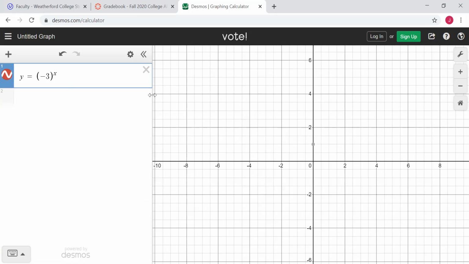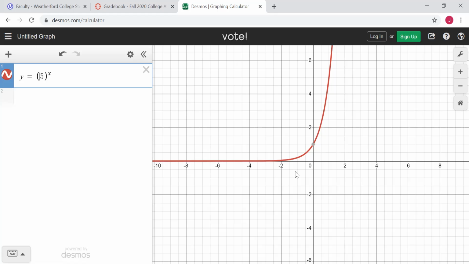You can maybe produce a single point, because (0, 1) will still work, and there are other points along the way that work, but it's not going to be continuous. You can't make a smooth graph out of it. So that's one of the reasons we have to restrict it. As soon as you go to a positive base, you're golden.